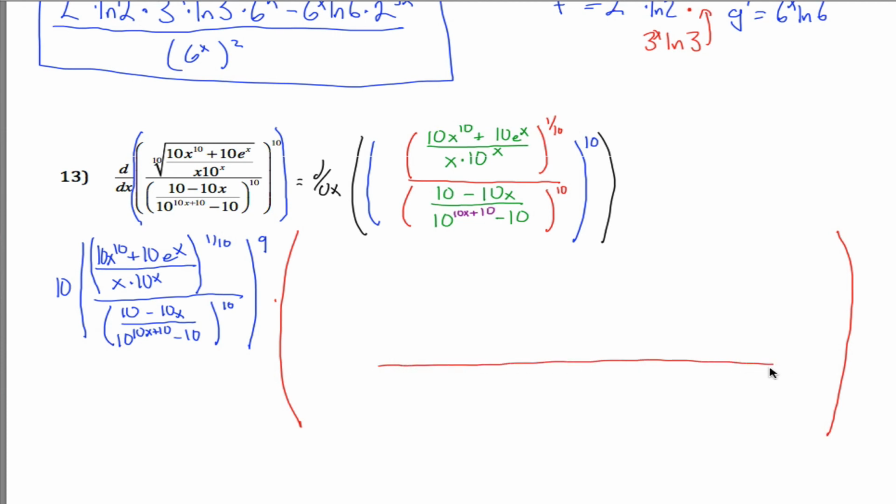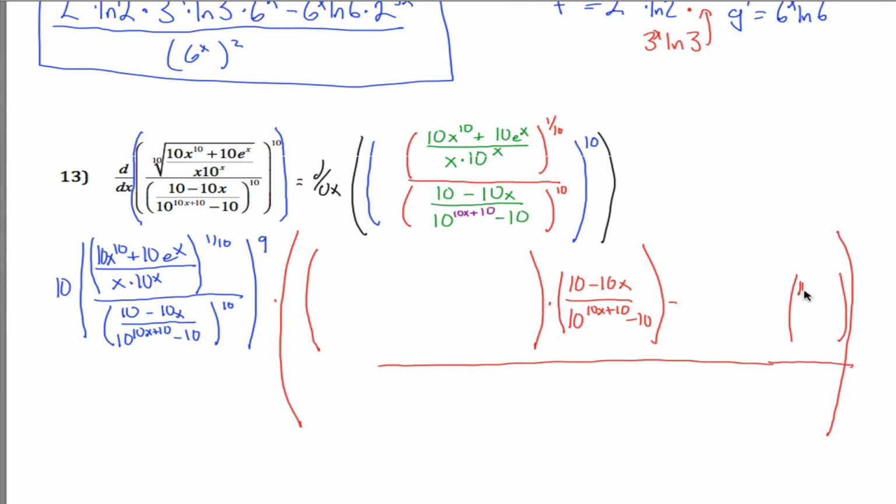And so what the quotient rule tells you is that the derivative of f divided by g is f prime, which I'm eventually going to write right here, times g, the thing on the bottom, which is this guy right here, 10 minus 10x divided by 10 to the 10x plus 10 minus 10. It's f prime g minus g prime, which is going to be a mess, times f.